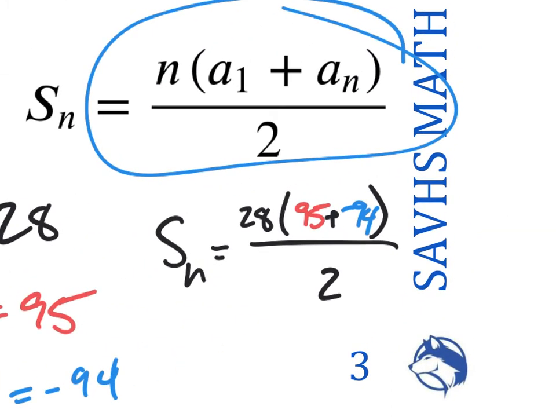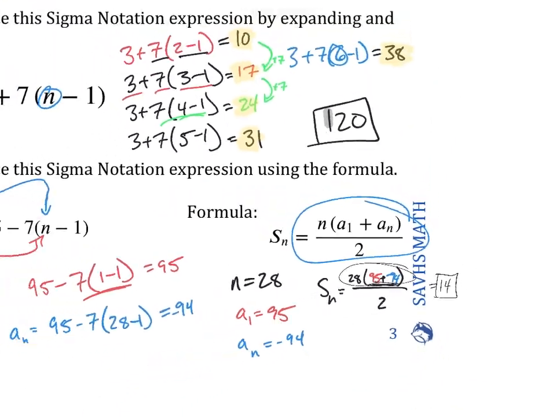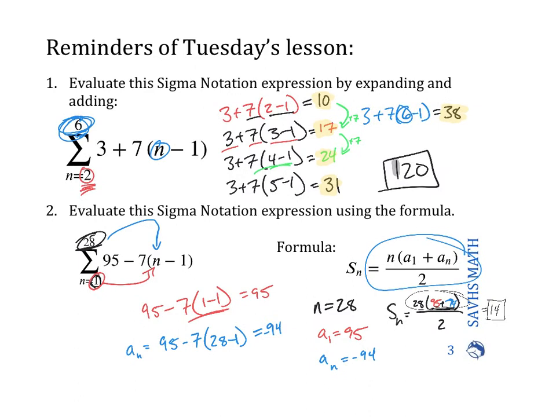Well, 95 plus negative 94 is 1. 1 times 28 is 28. 28 divided by 2 is 14. So my answer here is 14. So that's a little review for you on what we did last week.